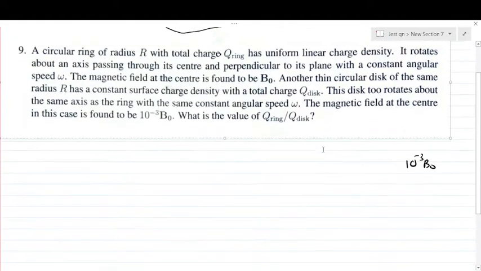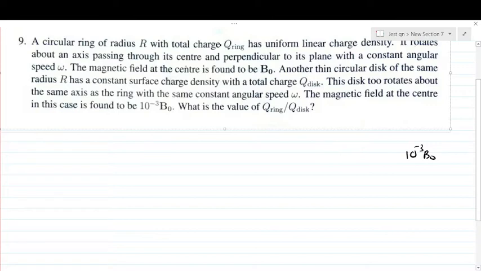Okay, let's start. A circular ring of radius r with total charge q has uniform linear charge density. It rotates about an axis passing through its center and perpendicular to its plane with a constant angular speed omega.